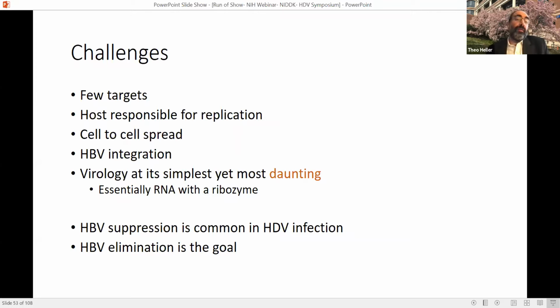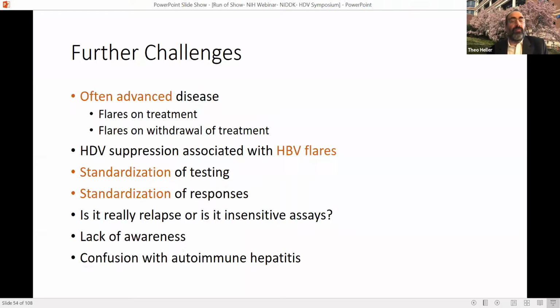Furthermore, hepatitis B suppression, as Dr. Terrault already said, is common in hepatitis D infection. This means that suppressing it further isn't necessarily beneficial, and we'll cover this in a little bit more detail further on. And the real goal is elimination of hepatitis B because then there is no D. Next slide, please.